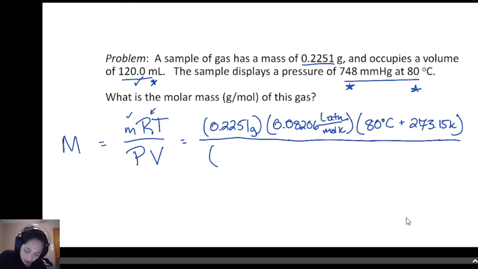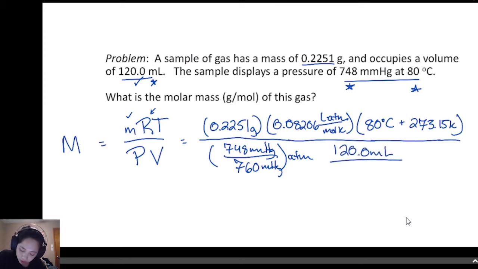Pressure is 748 millimeters of mercury. So divide that by 760 to get atm. And then volume, man, I have to change everything. 120 milliliters. We need to get that to liters.